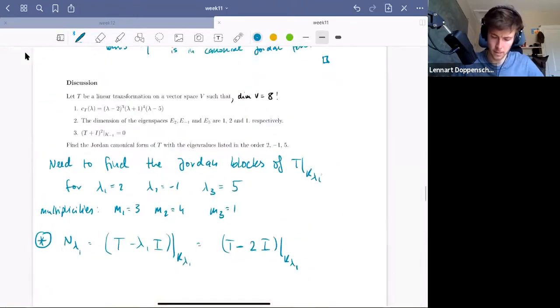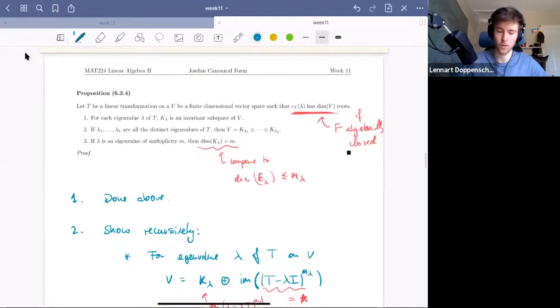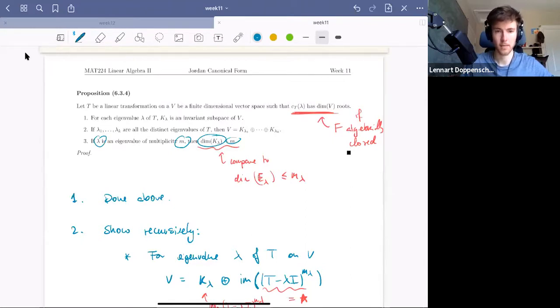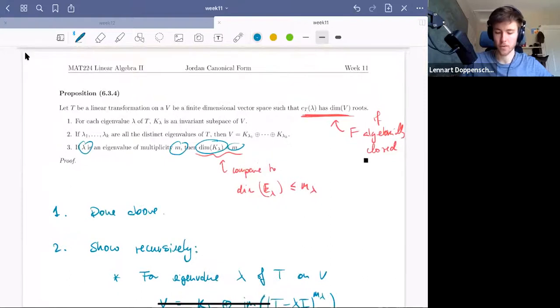So Joanna has a question, and I believe that this is taken care of in this proposition. The dimension of the generalized eigenspace is exactly the multiplicity. So m is the multiplicity of lambda, and then the generalized eigenspace K lambda has dimension m. This is something that we proved yesterday. That's a good question, because this is all interconnected.